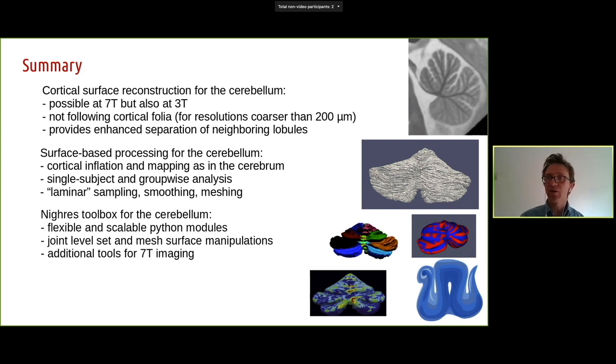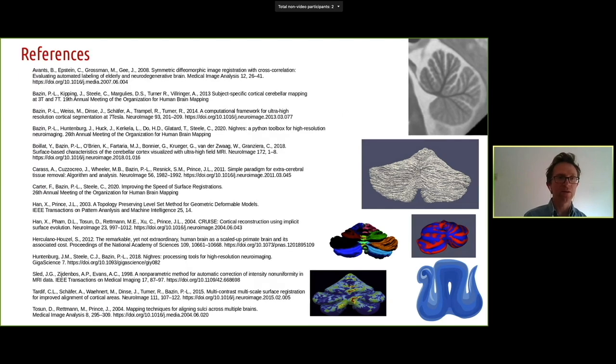Everything can be done in the image space thanks to the level set representation. And you also have a lot of additional tools for 7T imaging and high resolution neuroimaging. With that, here's a list of references, and I would like to thank you for your attention.